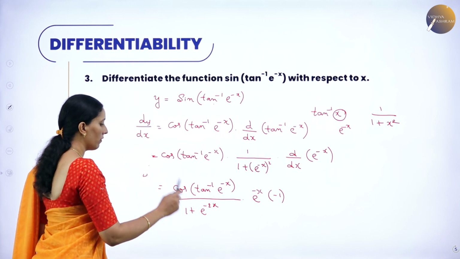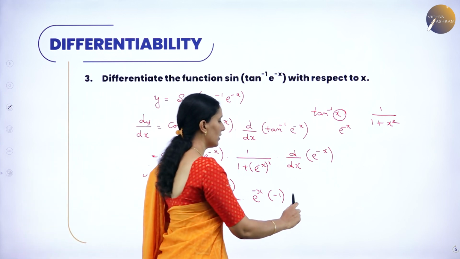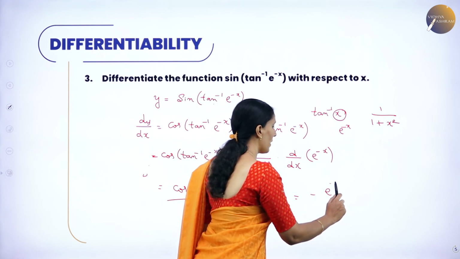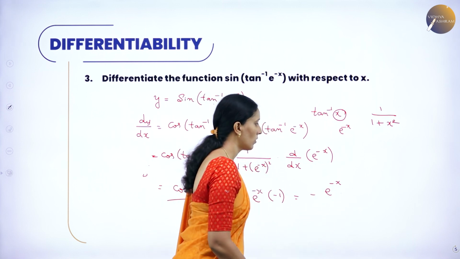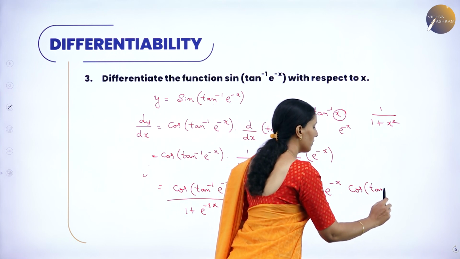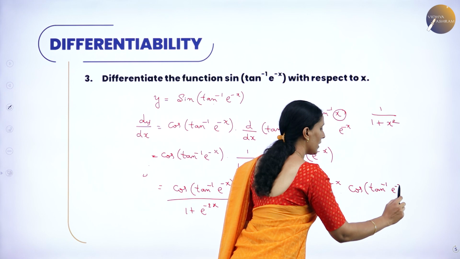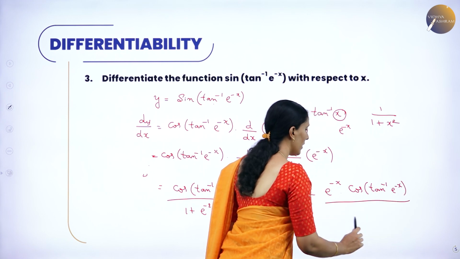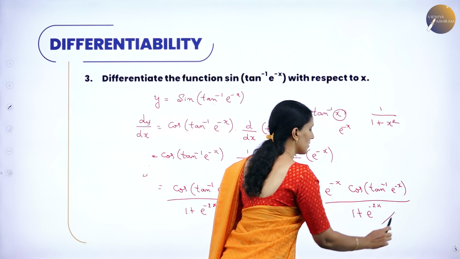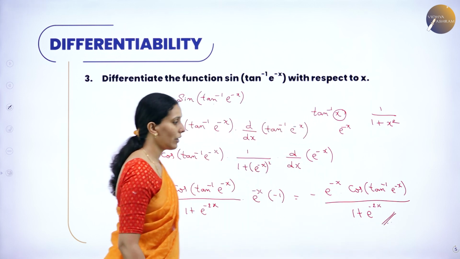So therefore, when you rewrite this, this becomes minus e power minus x into cos of tan inverse e power minus x whole divided by 1 plus e power minus 2x. So this is the derivative of the given function.